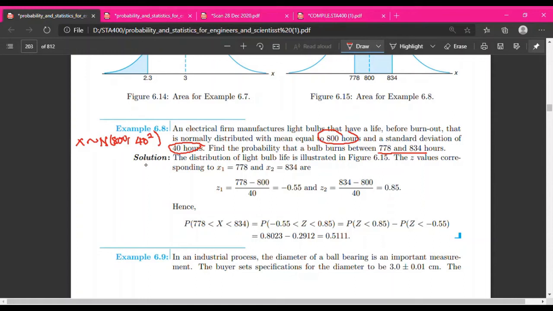So we want to find the probability of X between 778 and 834.